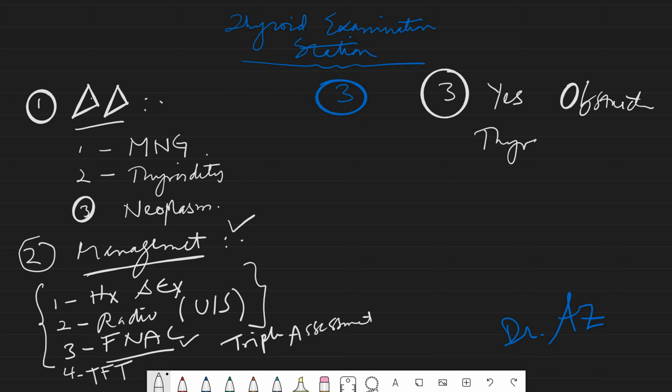The next question, the fourth question, and the one before the last, is that they are going to tell you the fine needle aspiration, FNA, cytology came to you as there are follicular cells. And this is a common traditional question, follicular cells.